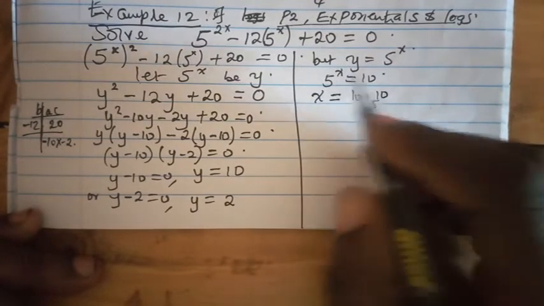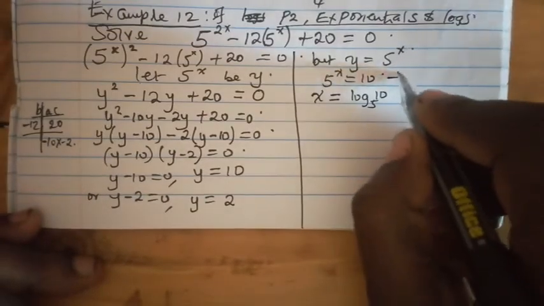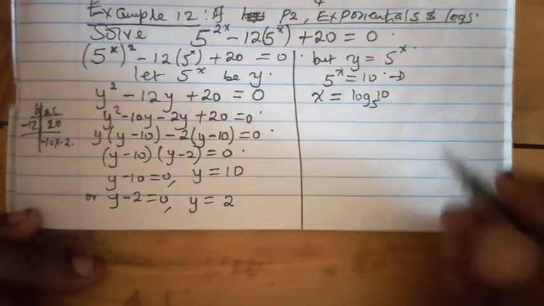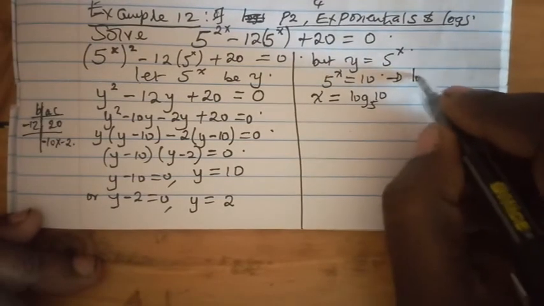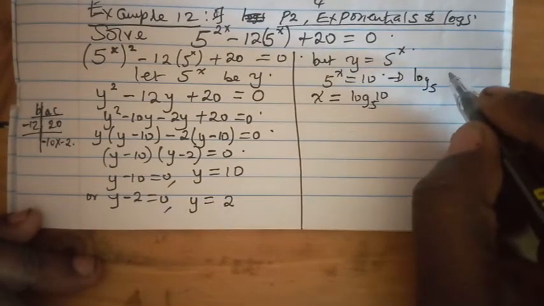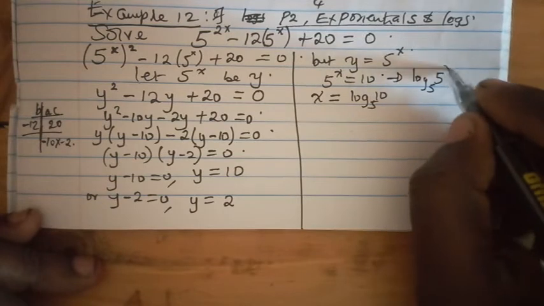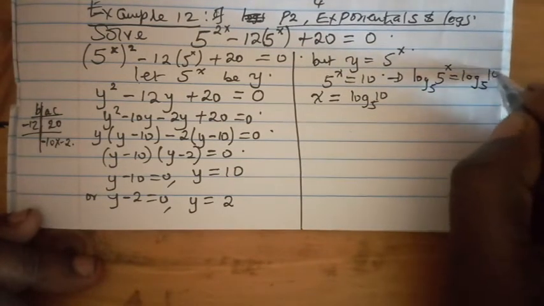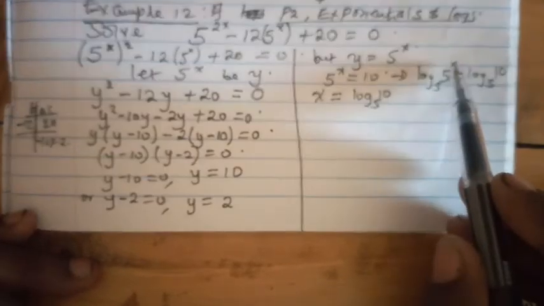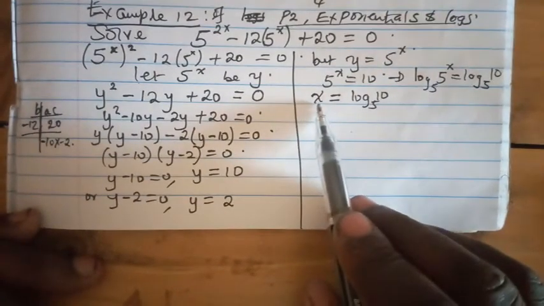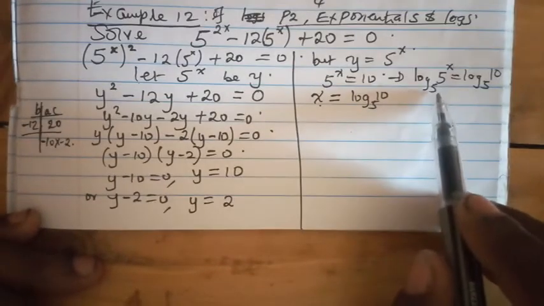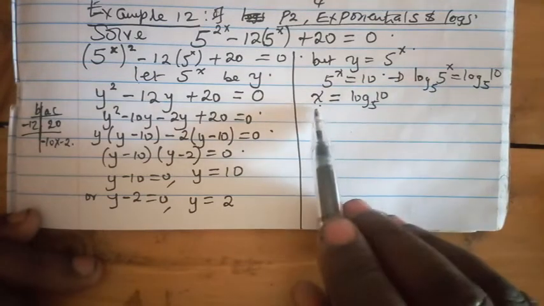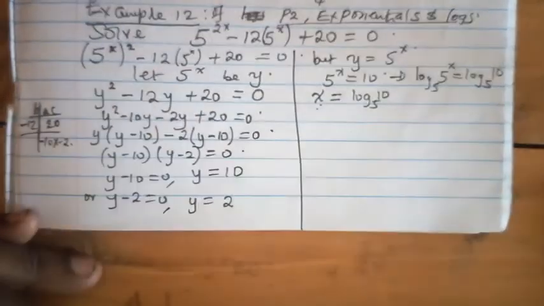I hope you see this one. I have omitted a step. We would have said log to base 5 of 5 raised to power x is equal to log to base 5 of 10, such that the x will now be a coefficient and log to base 5 of 5 will be 1. So x times 1 will remain x.